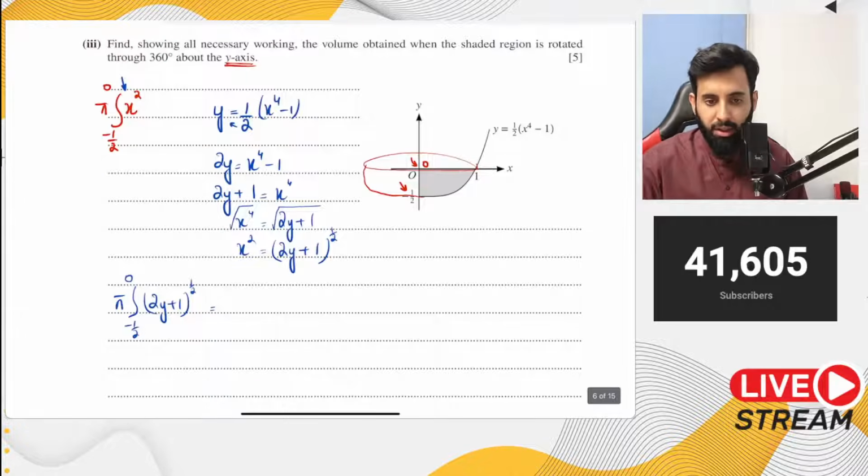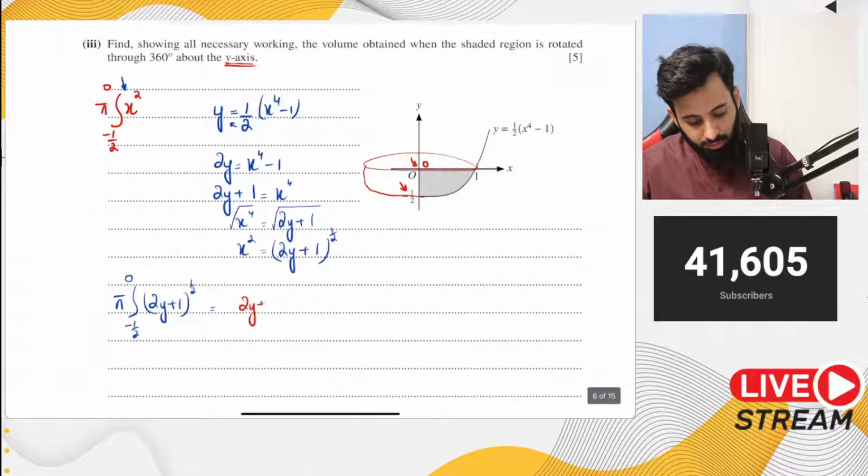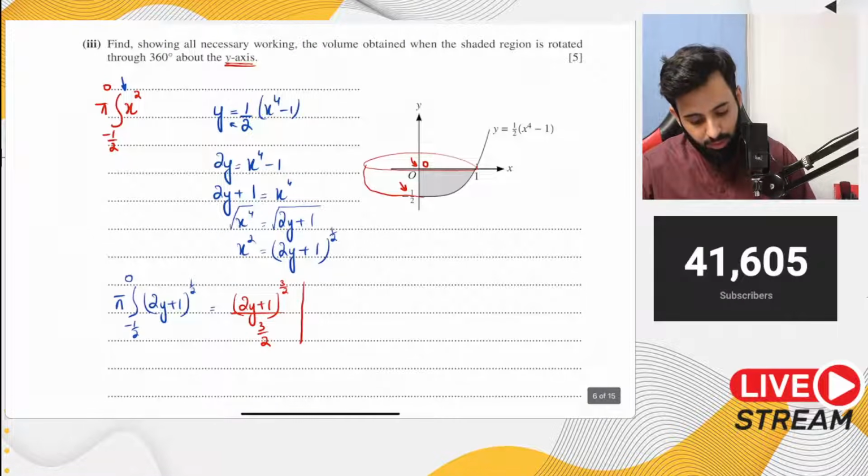Now this is what we're integrating. Be very careful, especially when you're dealing with fractions. So this becomes (2y plus 1) to the power half plus 1, which is 3 upon 2, and you will divide by the new power as well, which will be 3 upon 2. All of this will be within the limits 0 and minus half. Now I will suggest that you do a bit of simplification first.